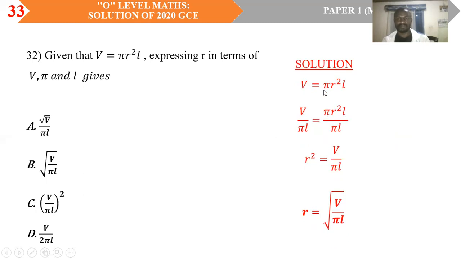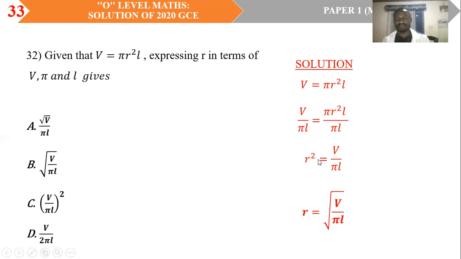V is equal to pi R squared L. We want to make R the subject, meaning that we first divide both sides by pi L. V over pi L is equal to pi R squared L over pi L. Pi cancels, L cancels. Now R squared is left, so R squared is V over pi L.